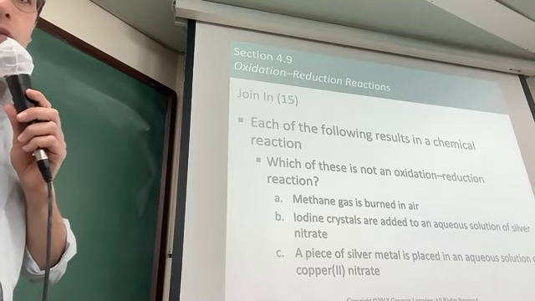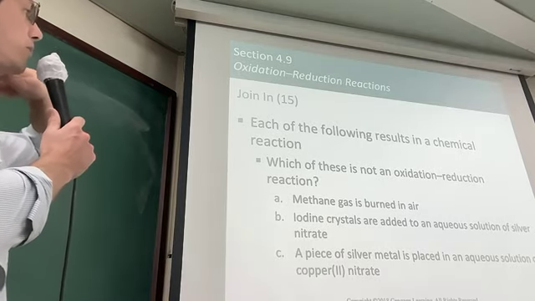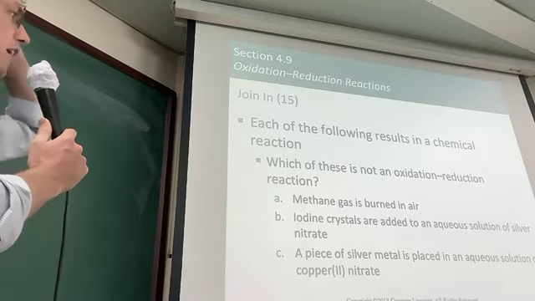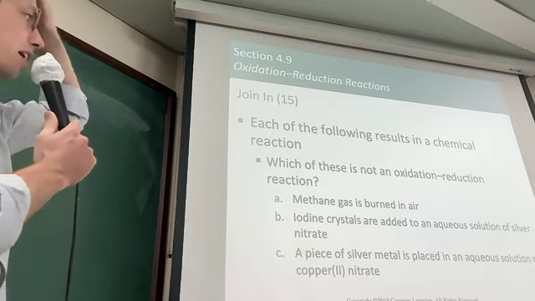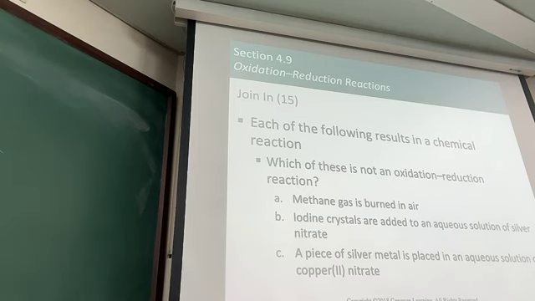Each of the following results in a chemical reaction. Which of these is not an oxidation reduction reaction? A, methane gas is burned in air. B, iodine crystals are added to an aqueous solution of silver nitrate. C, a piece of silver metal is placed in an aqueous solution of copper 2 nitrate.